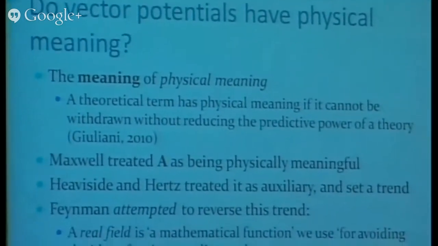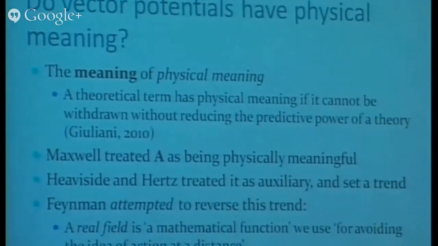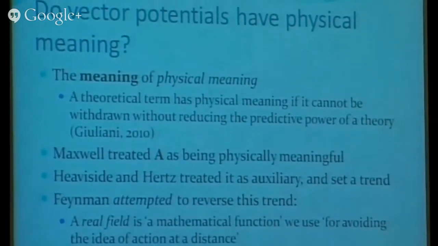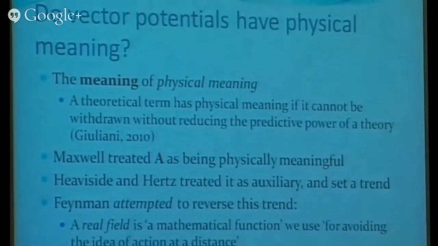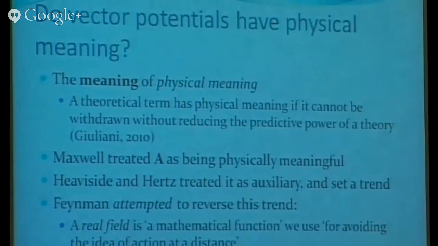This is Giuliani in 2010. He defined it like this: a theoretical term has physical meaning if it cannot be withdrawn without reducing the predictive power of a theory. In that sense, vector potential is quite physical, because if we remove vector potentials from electromagnetics, it would make it more complicated. Not that predictive power will be withdrawn, but at least it will become very complicated.